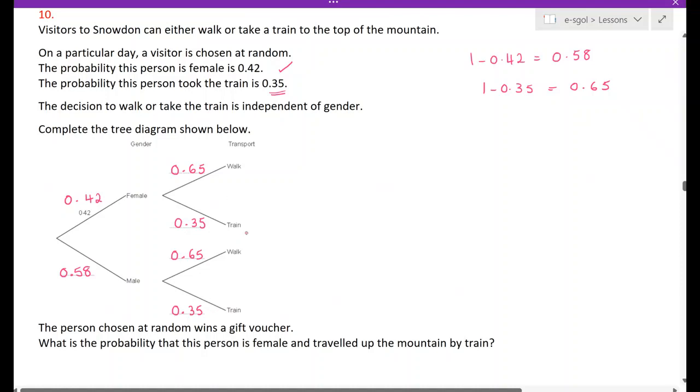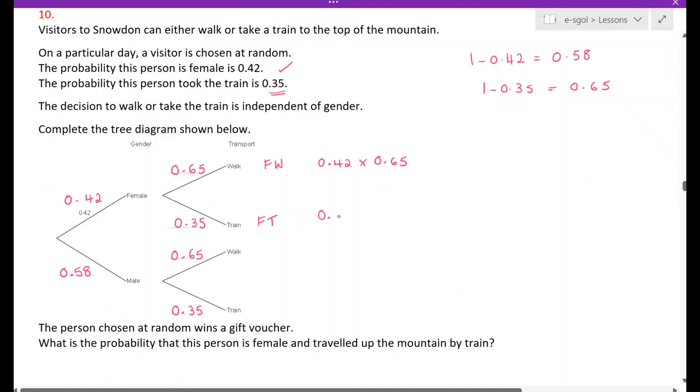Now, the way that these tree diagrams work is we follow along the branches. So here, the chance of being female and walking, you follow along the branches, and you multiply along the branches. So that would be 0.42 multiplied by 0.65. The chance of being female and taking the train, so I'm just shortening this to female and train, would be 0.42 and then followed on this branch 0.35.